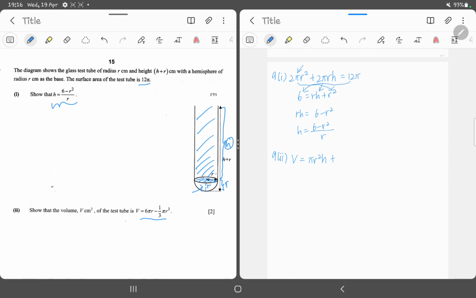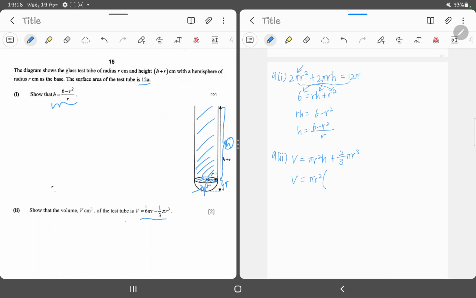The volume of the hemisphere with radius r is 2 over 3 pi r cubed. So V equals pi r squared times h, plus that.